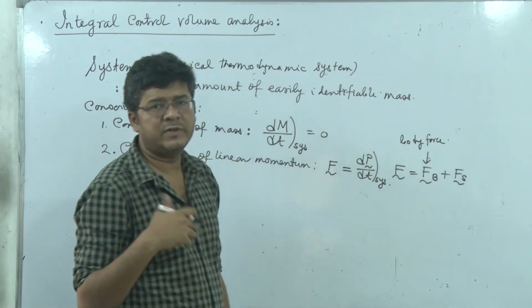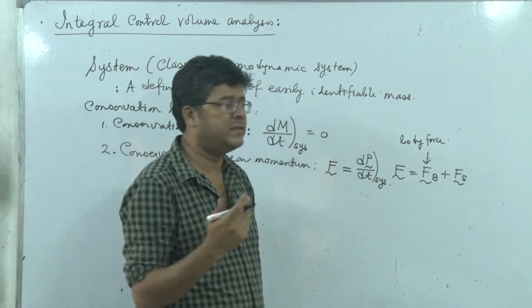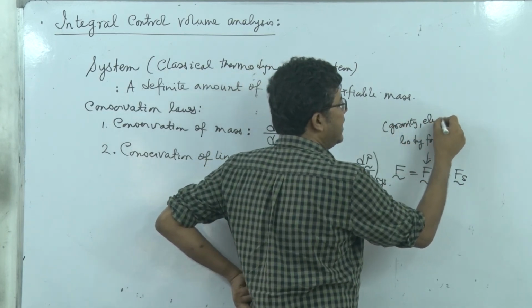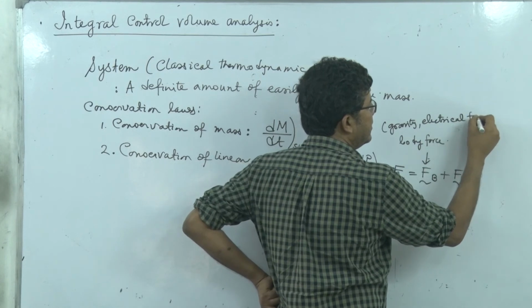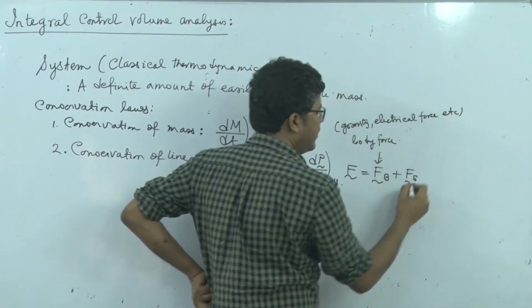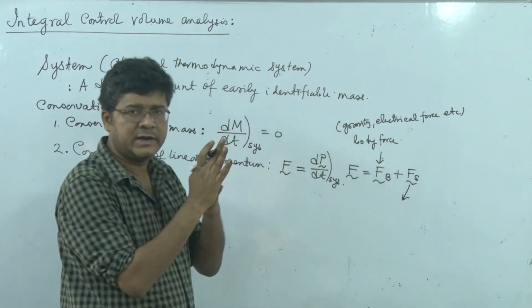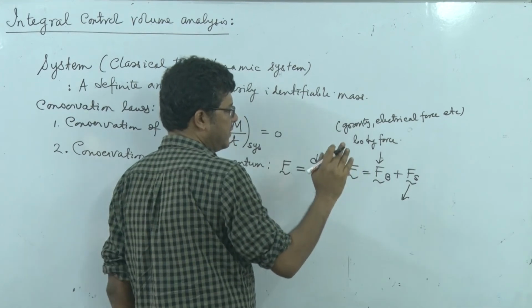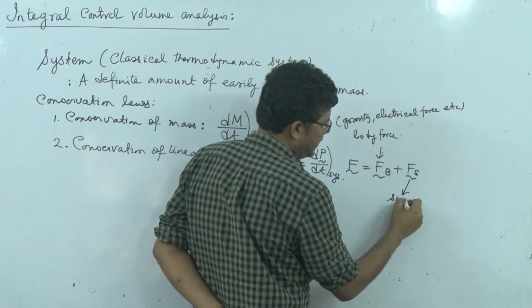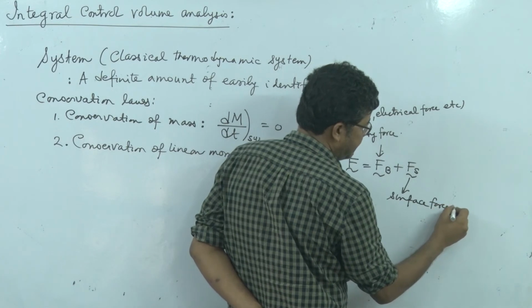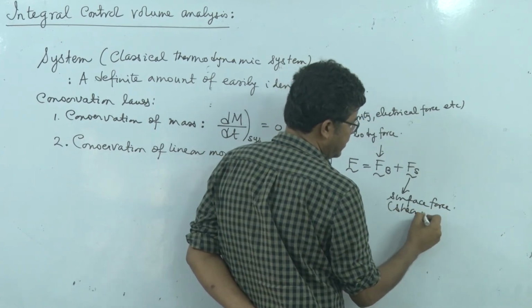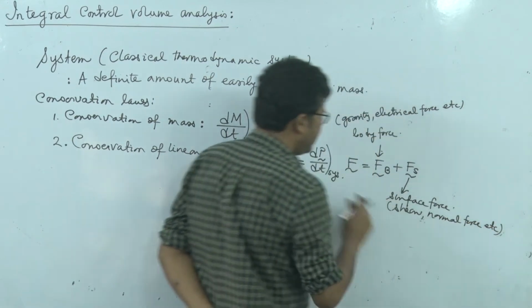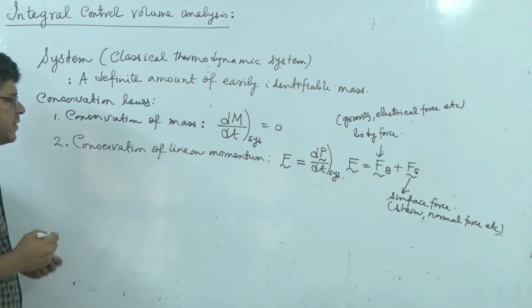Body force is something which can act without any physical contact, like gravity, electrical force, etc. Whereas surface forces act by contact, like stress, shear stress, normal stress, or normal force, shear force, etc. So that is the conservation of linear momentum.